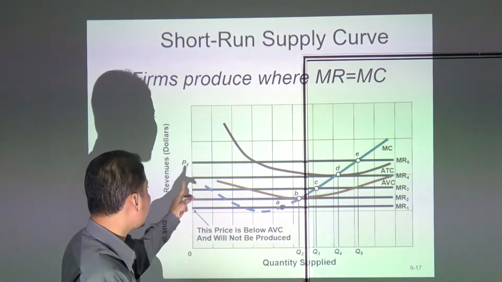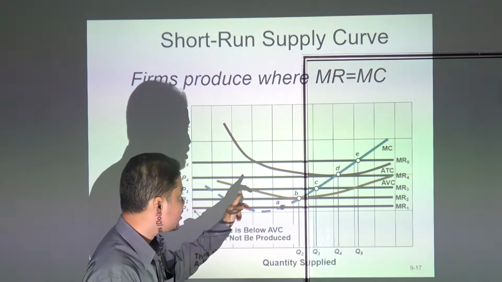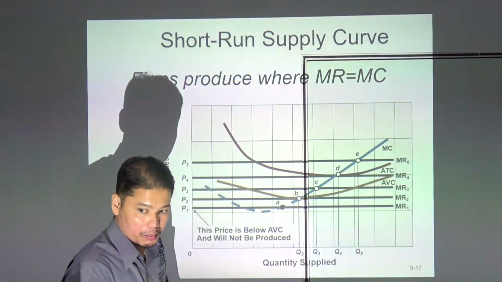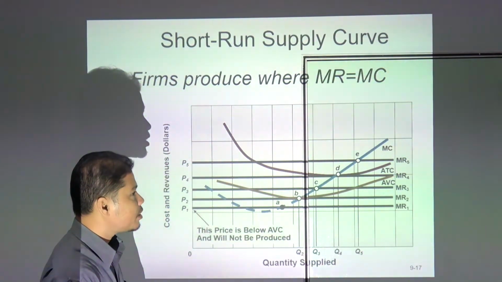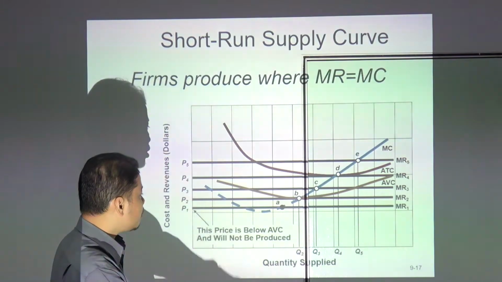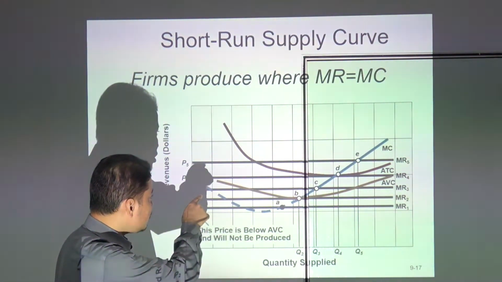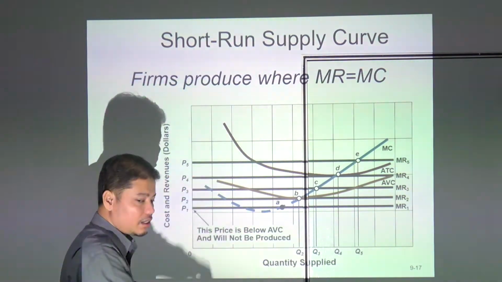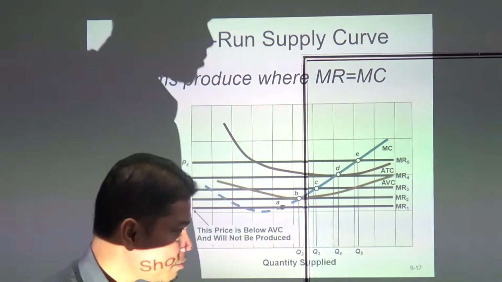And if the price is P5, the firm will produce at Q5 as shown by point E there, and the firm here is making economic profits. So we can derive the supply curve of the firm by joining the points B, C, D, E. Combining points B, C, D, and E represents the supply curve of the firm, right?